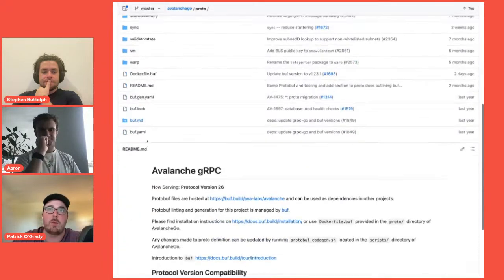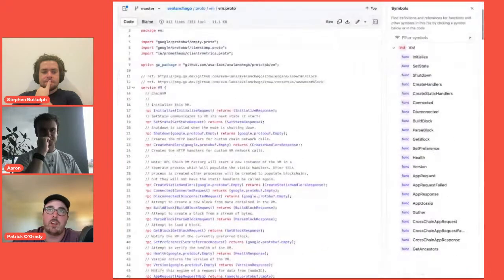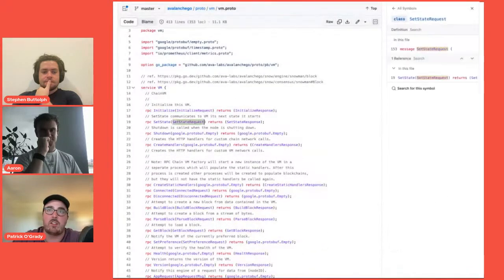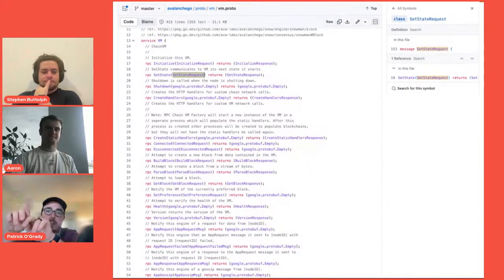So if, for example, you look at the VM proto, you can see initialize, set state, shut down, tons of different things here that connect. This is the equivalent of the gRPC layer between something like Tendermint and the Cosmos SDK, but much lower level. So there's a lot of other stuff you can do with this interface that you would not typically be able to do with the Cosmos SDK.